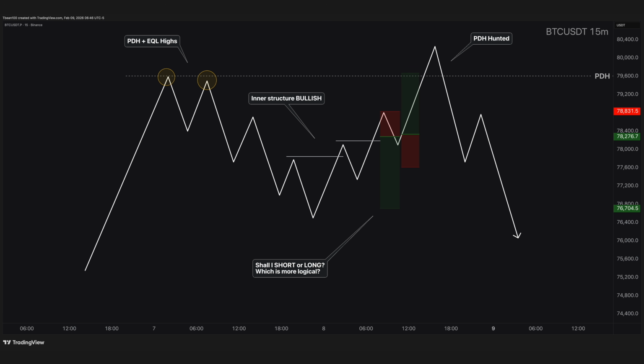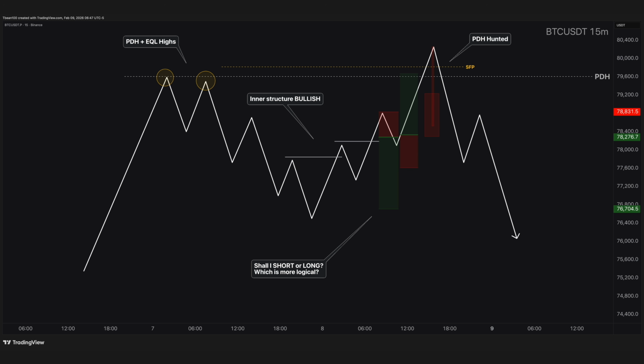But what happens once price reaches and hunts that institutional level? What should we be thinking about at that point? We still need to look for additional clues from the price action before making another decision. For example, is the price getting rejected from that level? Maybe forming something like a swing failure pattern.